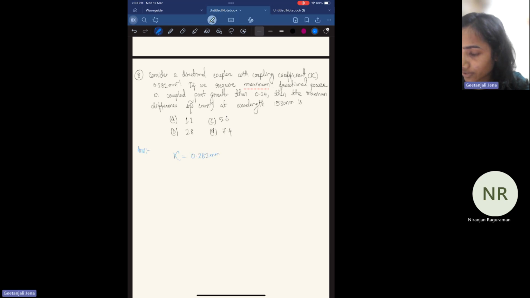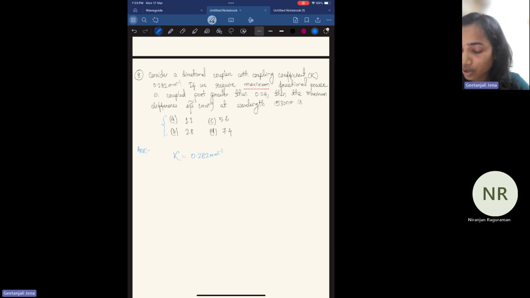If we require maximum fractional power in the coupled port greater than 0.04, then what is the maximum difference delta beta at the wavelength 1530 nanometer? There are four options given to you also.